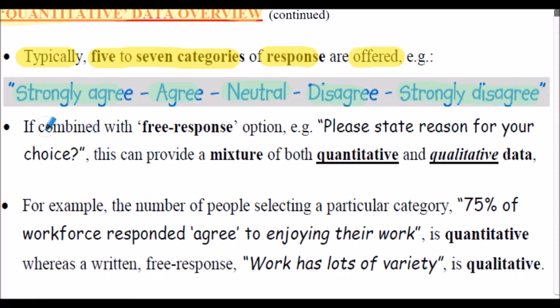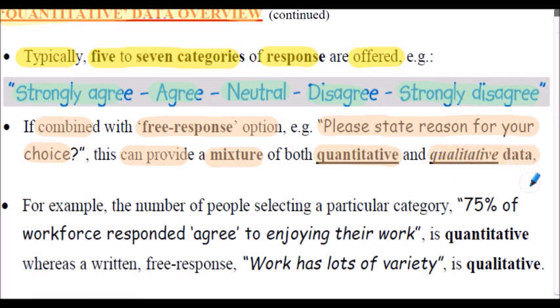If the above Likert scale is combined with a free response option, for example, after the participant has decided on their level of agreement, a question could be added to please state the reason for your choice, as this has the potential to provide a mixture of both quantitative, i.e. the level of agreement stated, and also provide for qualitative data, in other words, richer data that then starts to explain the reason why the level of agreement was chosen.